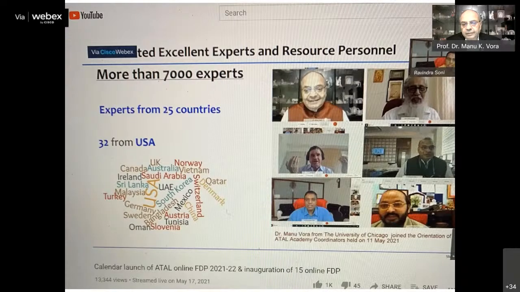Then right below me, Vice Chairman Punya ji, Member Secretary Rajiv Kumar, and below Punya ji in the first column is Dr. Soni and another faculty from AICTE. And what they were discussing: more than 7,000 experts, where experts from 25 countries were roped in, 32 came from the USA, and last year close to about 1,300 FDPs were delivered. This year, the new cycle 2021-2022, they are on track for completing 1,500 FDPs and setting some world records.